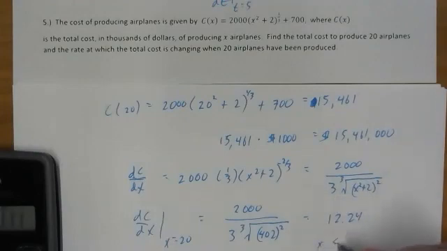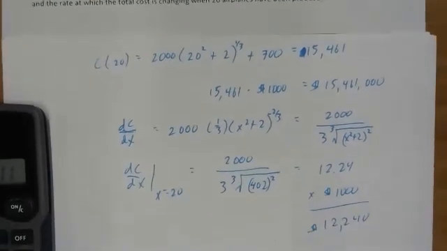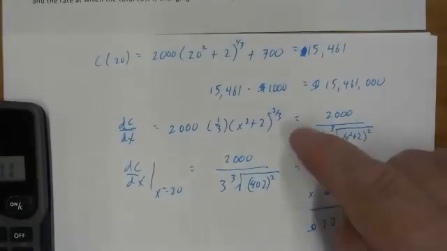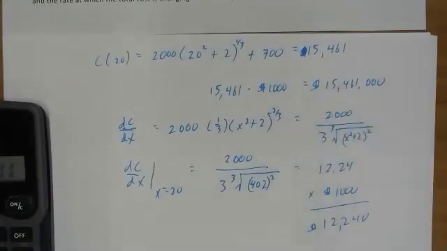And if you multiply it times 1,000, so let's do this again. Let me make sure I did the derivative correctly. So maybe the key is wrong. Sometimes that happens.